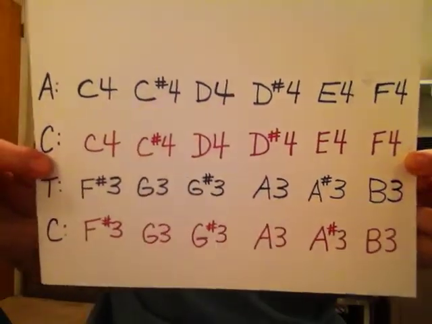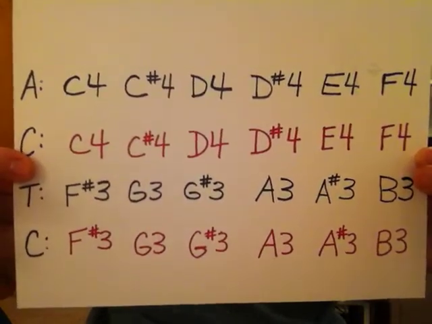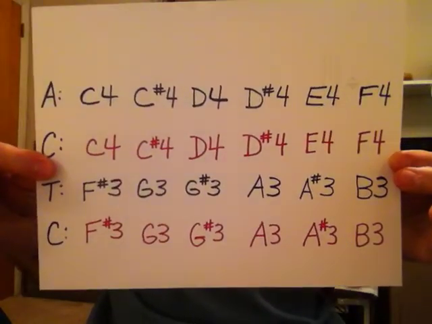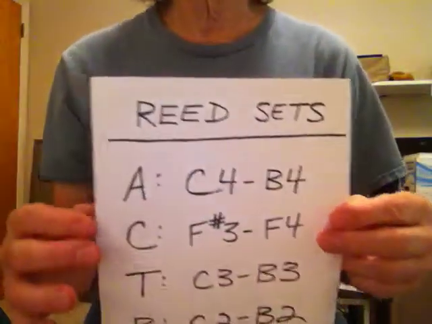I don't know if I made that clear, but this is the crux of the reed set selection, the bass register selection. In other words, and I'll say it again, I know it's repetitious, but I want to make it clear.